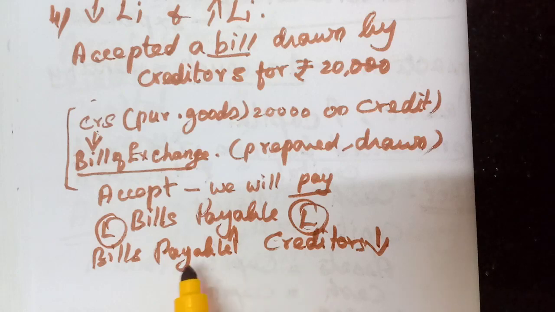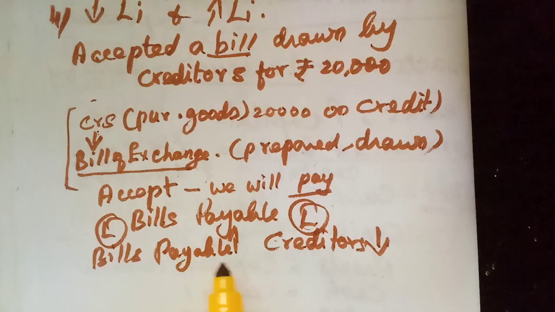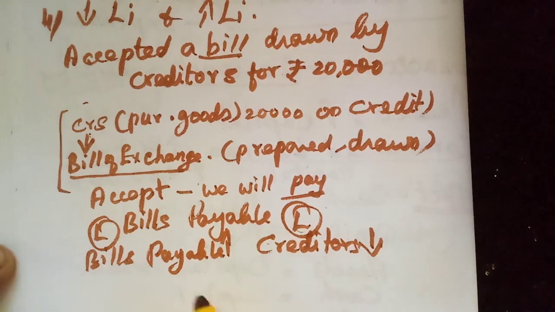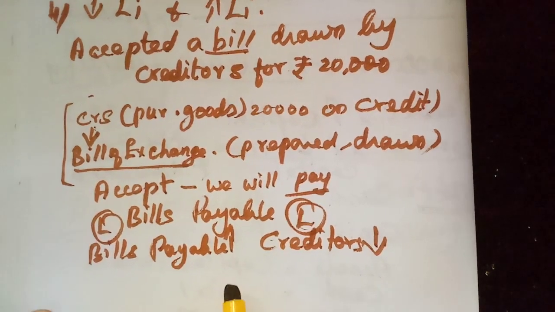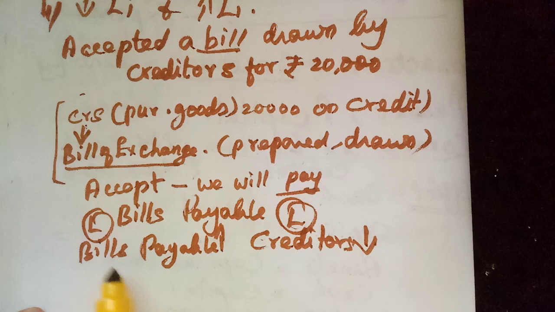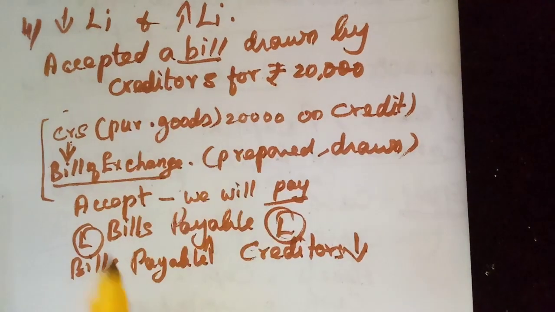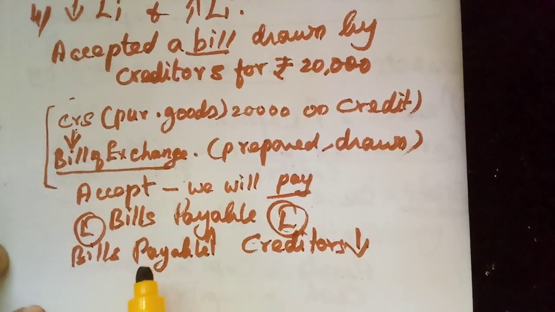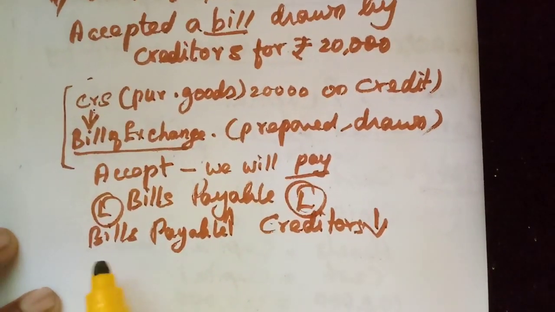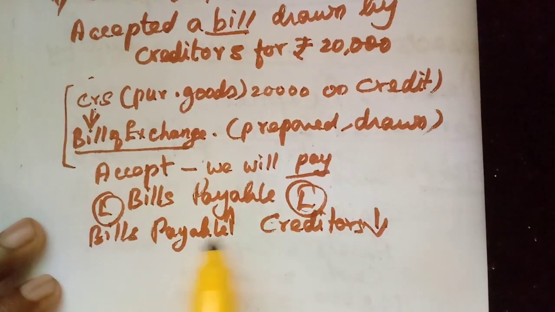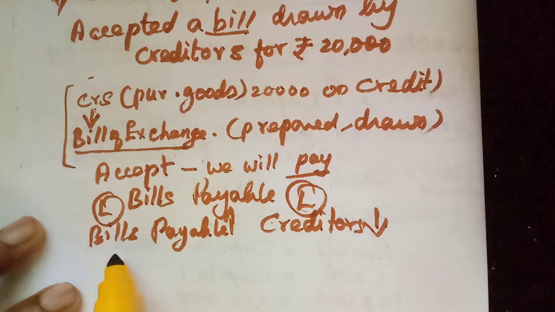20,000. Now, if we pay this bill only, then we can pay that one to him. Okay. So, you have understood these two accounts that affect this transaction. Accepted a bill drawn by creditors. Now, it is increasing the bills payable and decreasing the creditors, both liability. Now, we should write the equation.